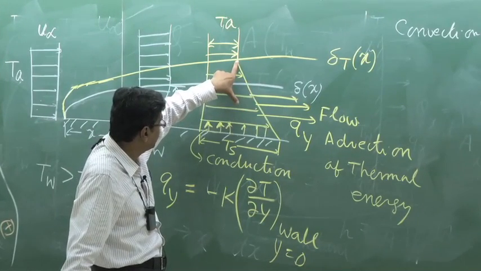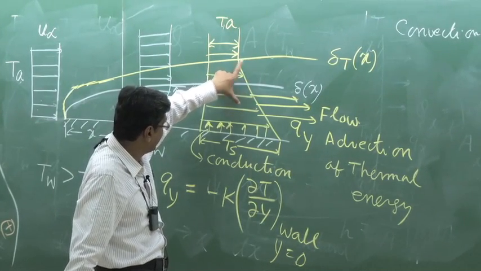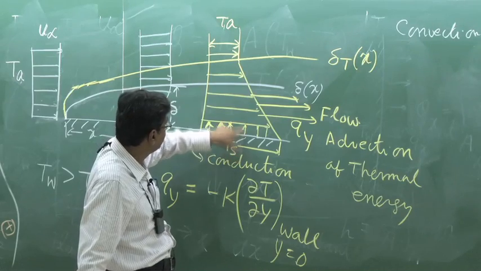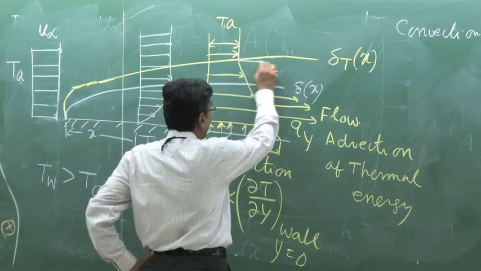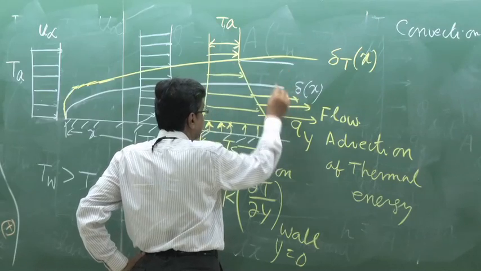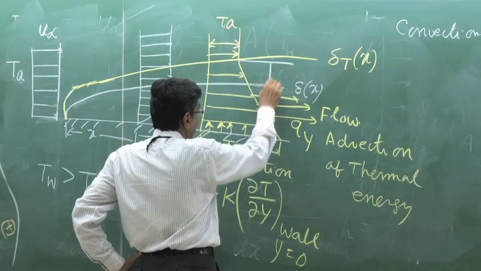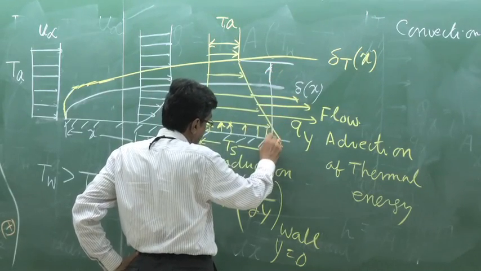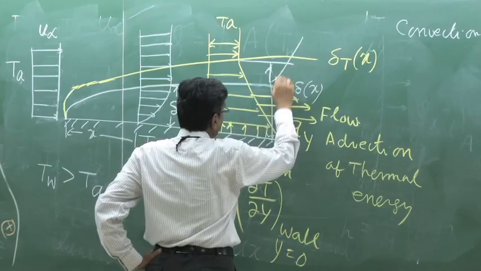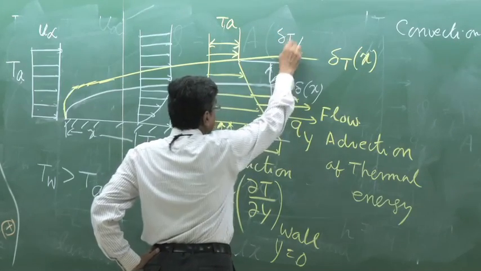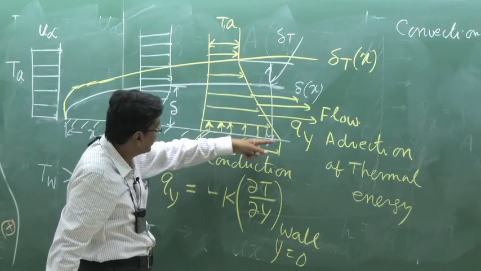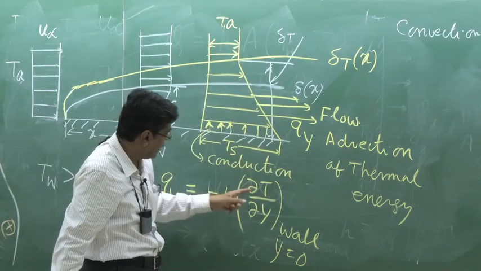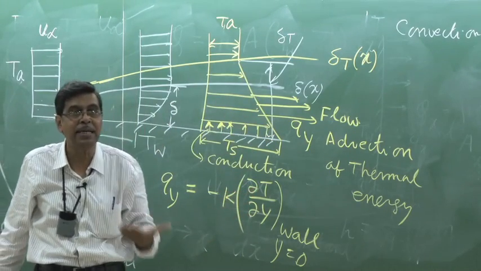That means the value of delta T, the distance from here to here, this is the delta T. This is being reduced. When this is reduced, mathematically you see the temperature gradient, that del T del Y at the wall, is increased.